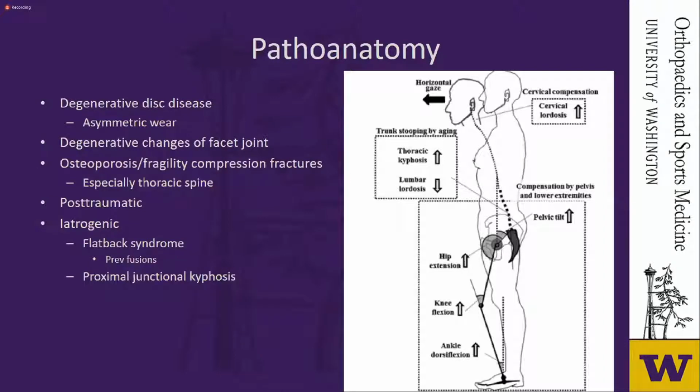Additionally, in the coronal plane, you can get asymmetric wear that leads to angulation of the vertebral bodies in the coronal plane. Degenerative changes of the facet joints, osteoporosis, and fragility fractures, especially in the thoracic spine, can lead to excessive kyphosis. Post-traumatic changes, iatrogenic causes such as flat back syndrome and proximal junctional kyphosis above previous fusion sites.